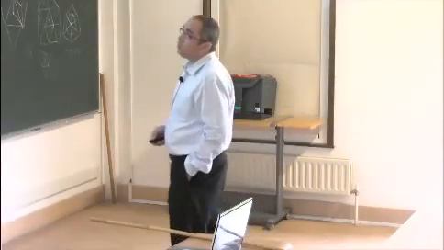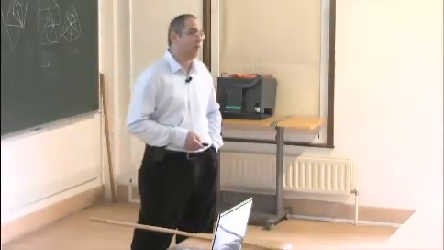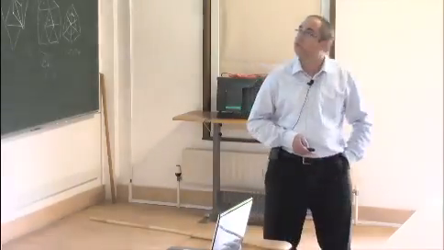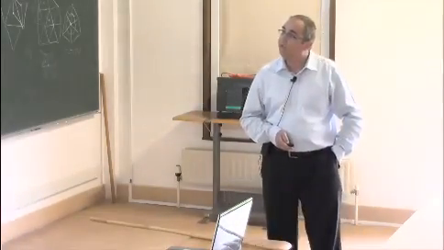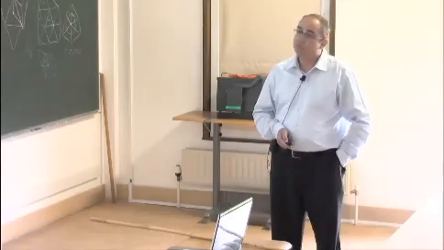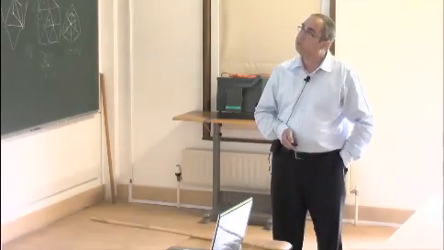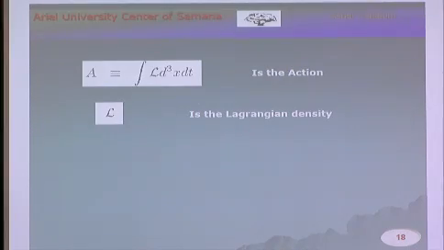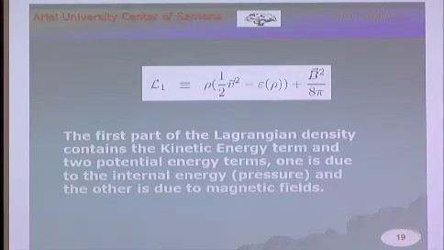Now, let us look at the variational principle, which I'm going to suggest, given in terms of this Lagrangian density. The action is, of course, the integral over space and time of the Lagrangian density.